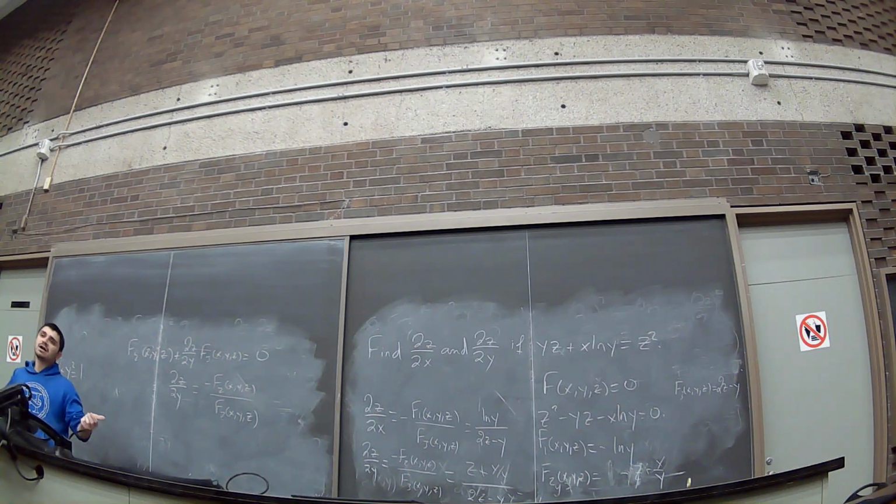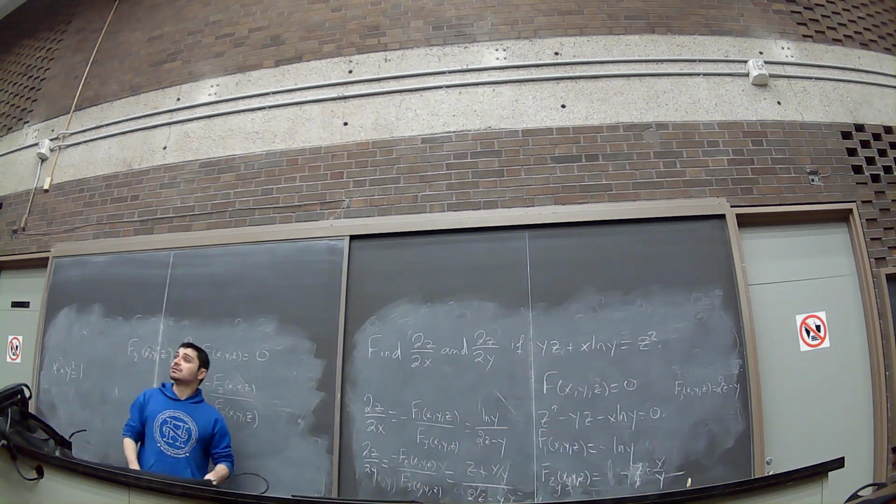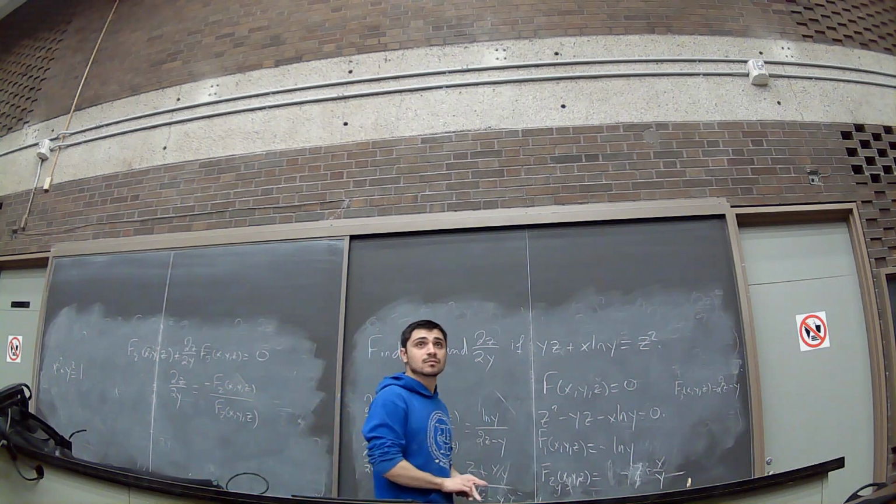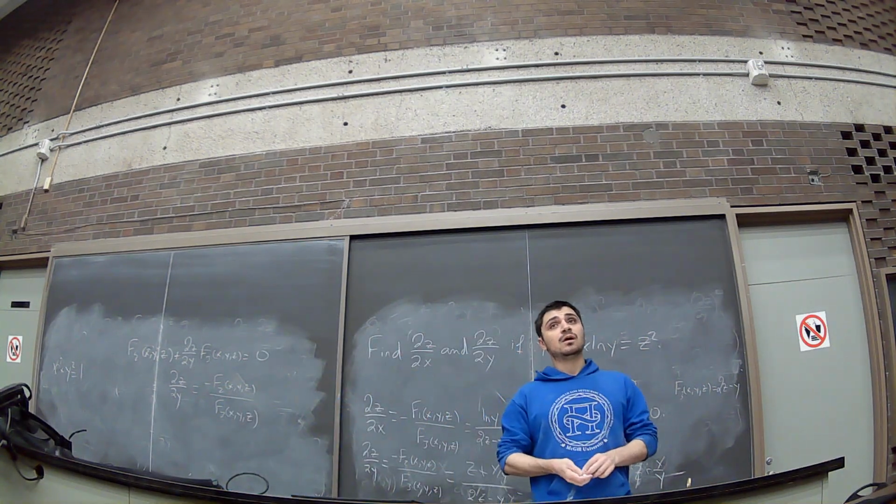But if y is positive, then y is a function of x, just root of 1 minus x squared. So if I tell you y of 0 and y prime of 0, what can you find? The equation of the tangent line. We agree or not? Yes or no?